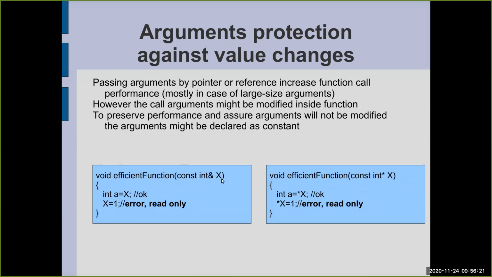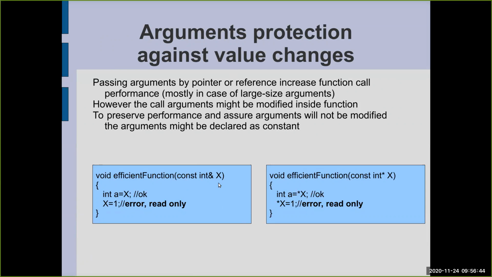So the best way to declare arguments is to pass them by const reference. This is the fastest and also the safe way of passing arguments.